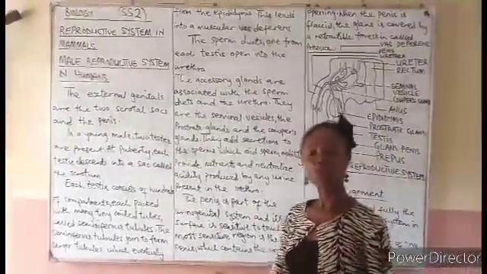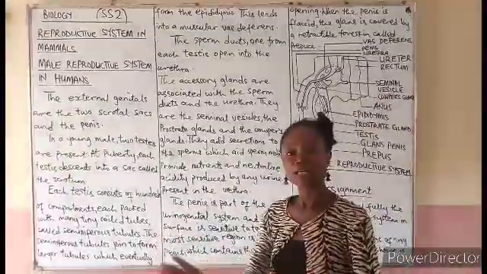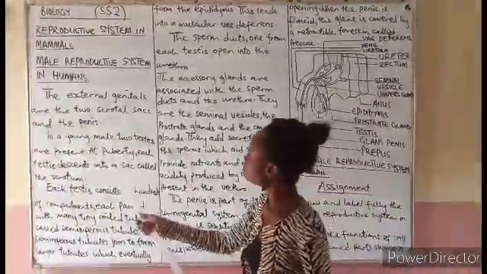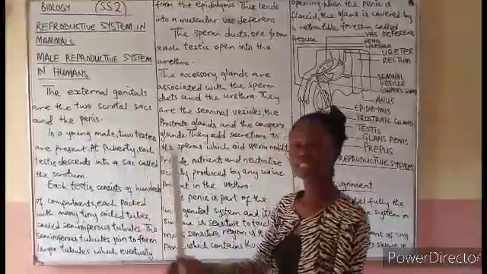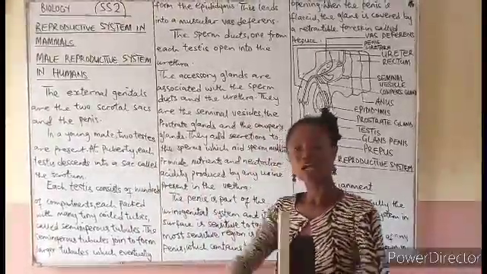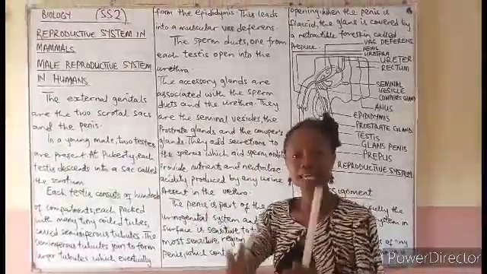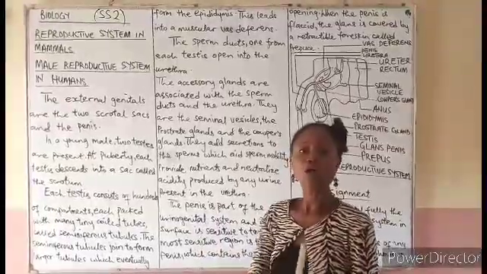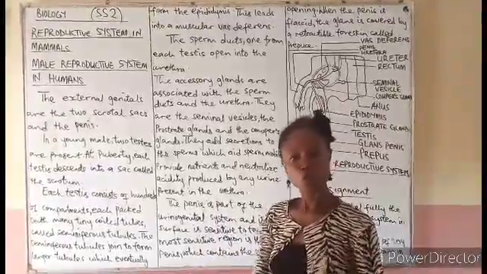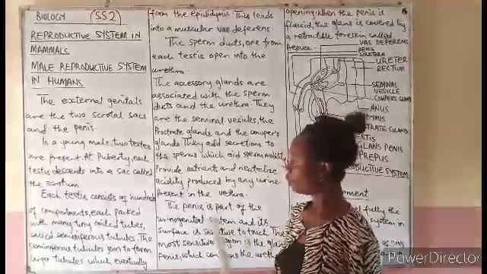So at puberty, these testes will descend into that sac, forming what we call the scrotum, or scrota in the plural.